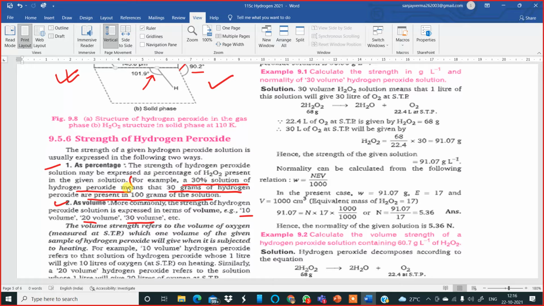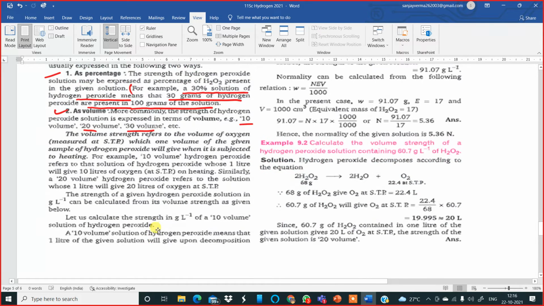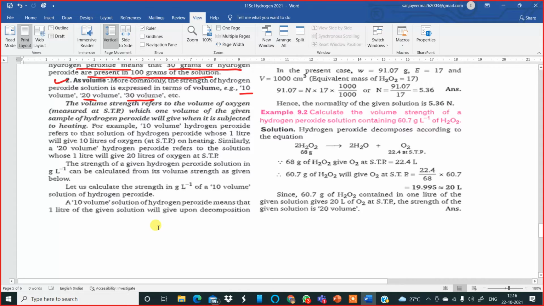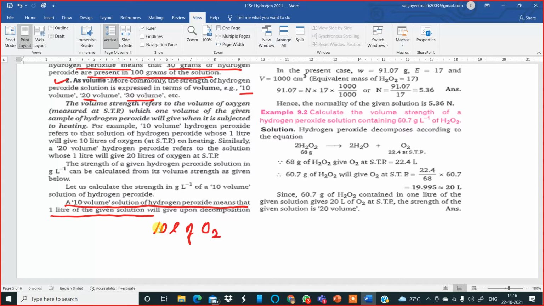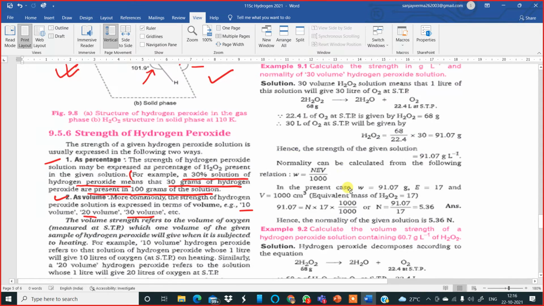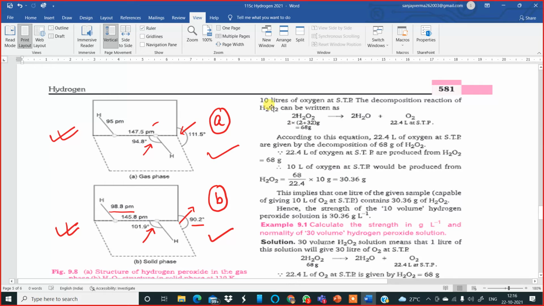To understand this volume, at STP, if you take a 10 volume solution of hydrogen peroxide, it means that 1 liter of the given hydrogen peroxide solution will give 10 liters of oxygen gas upon decomposition. This is what you have to remember over here. Here it is mentioned very clearly, 10 liters of oxygen at STP. The decomposition reaction of hydrogen peroxide can be written over here.